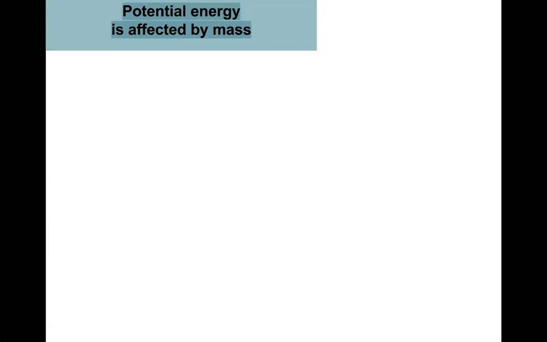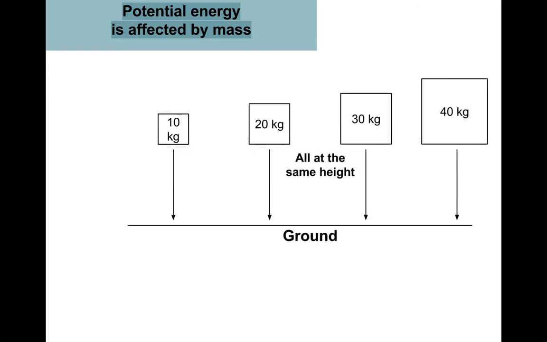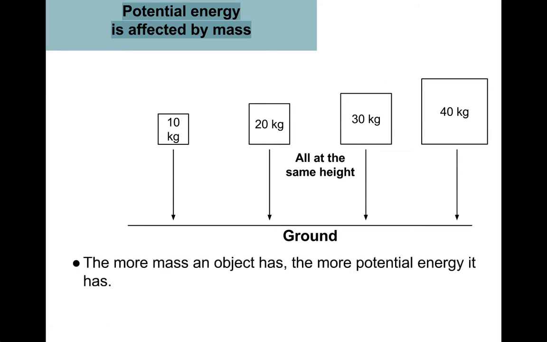Potential energy is also affected by mass. So if we have objects that are all at the same height, one is 10 kilograms, one is 20, one is 30, one is 40. The more mass that an object has, the more potential energy it has. So the 10 kilogram object has the least potential energy.